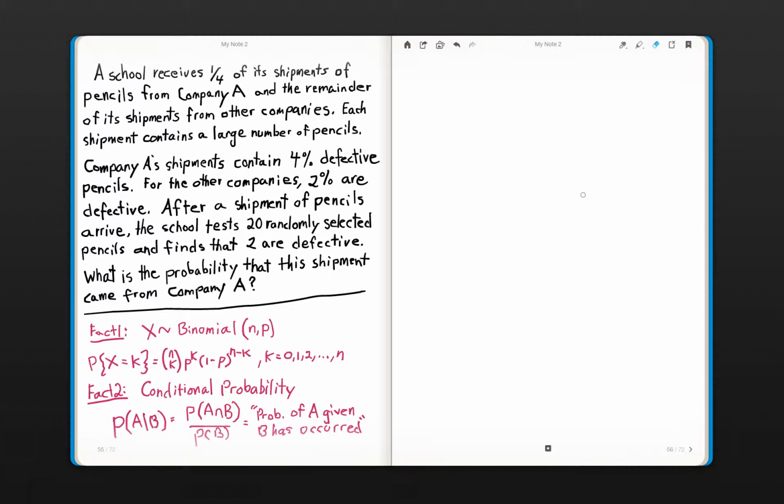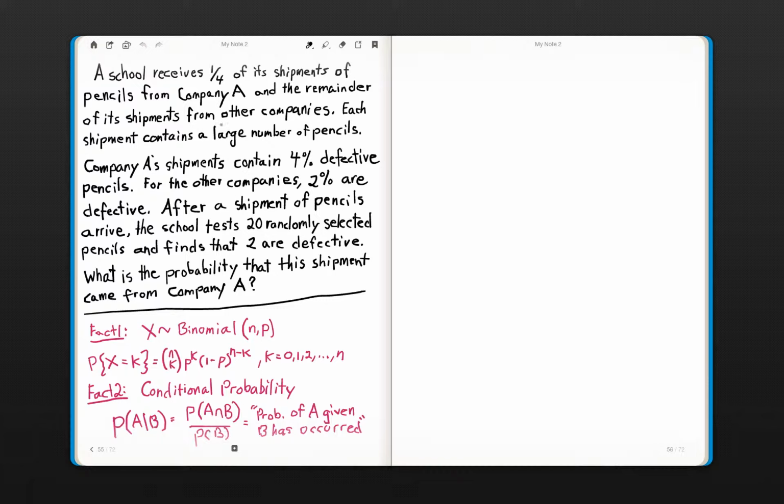Just as a quick review, if X is distributed binomial with parameters n and p, then the probability that X is equal to k is given by this probability mass function you see right here. And also conditional probability, this is a definition: the probability of A given B is equal to the probability of A intersect B over the probability of B. And so these are the facts that we're going to have to use.